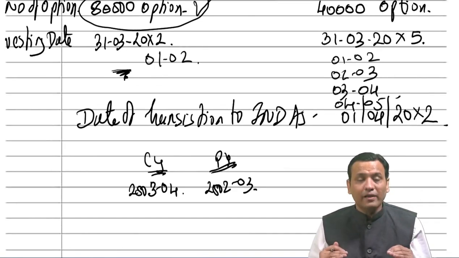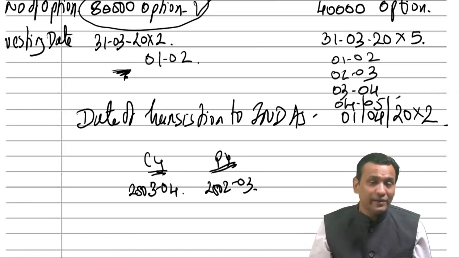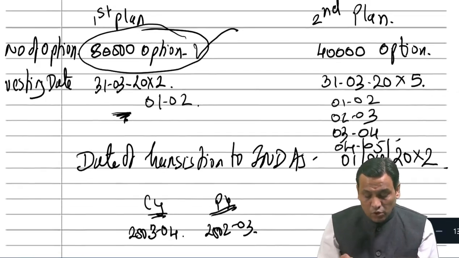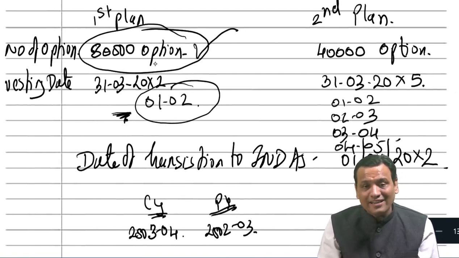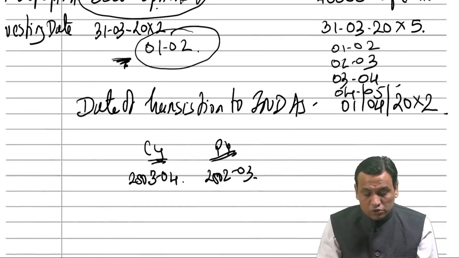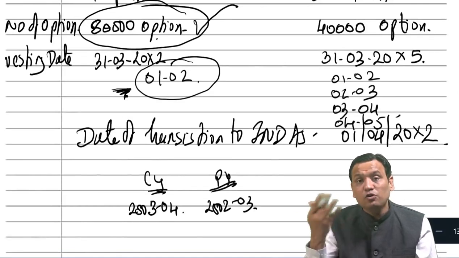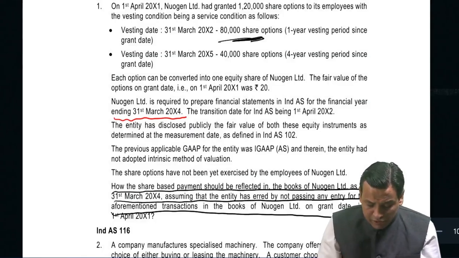Now I will be applying 102 right from 1st April 20x1, which means whatever is the cost arising for 1-2 pertaining to the 80,000 options. So whatever is the cost pertaining to the 80,000 options, that is 80,000 options into the fair value, which is given in the question as 20.